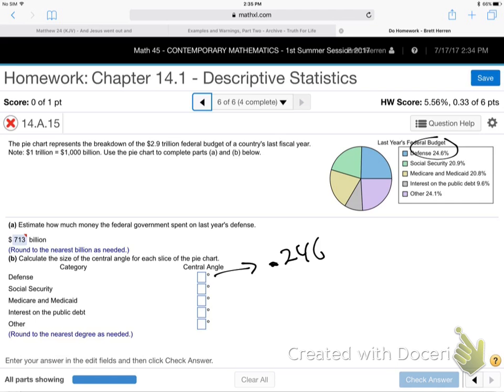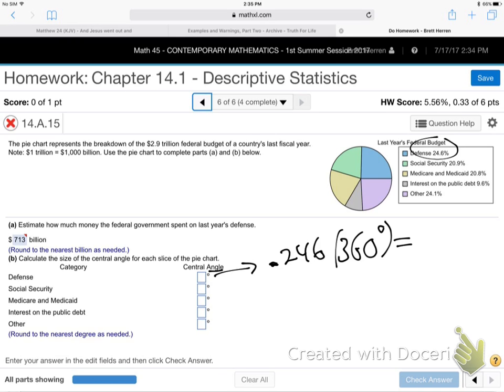Change from a percentage to a decimal, and then what do I do with 0.246 to find an angle? You just multiply by 360 degrees, and whatever that comes out, that's your answer. It's just under 90, 89 something, or 88.